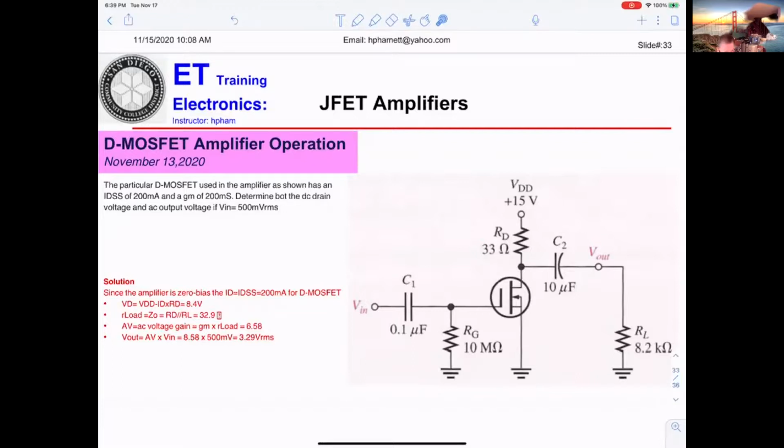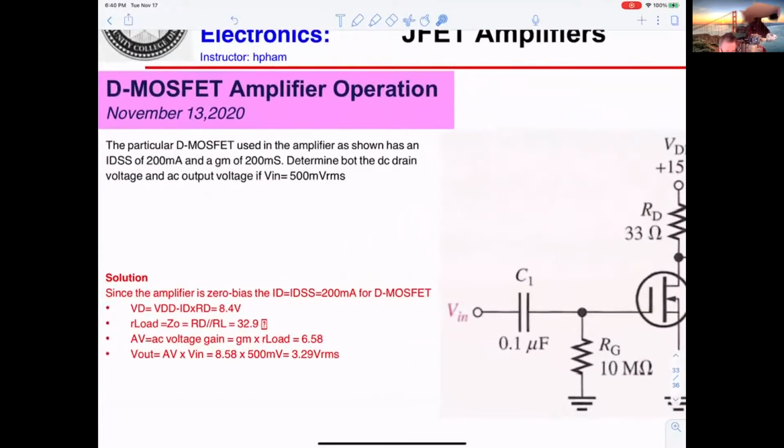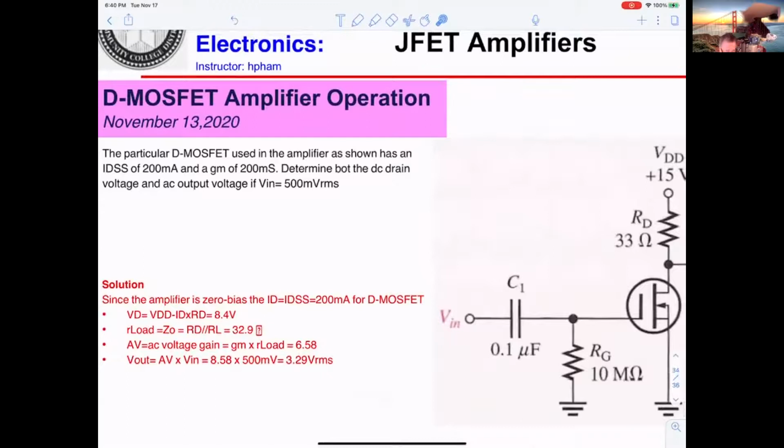So R load will be 33 ohm times 8.2 k ohm divided by 8.2 k plus 33. However, units must be consistent. If you're using ohm, they will be ohm. Or if you want kilo ohm, then it must be changed to kilo ohm. Okay, so in the calculation, you can get 32.9, I believe.